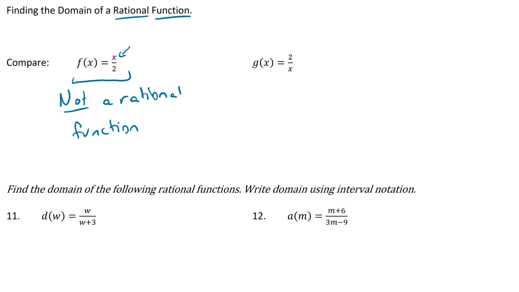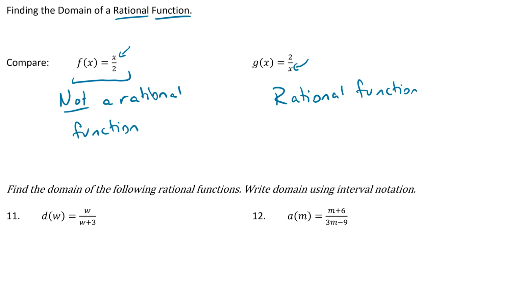Now the second one, g of x, notice that x is in the denominator of a function. This one is a rational function. Now what that means is we're actually going to have a problem with domain in this function, right?